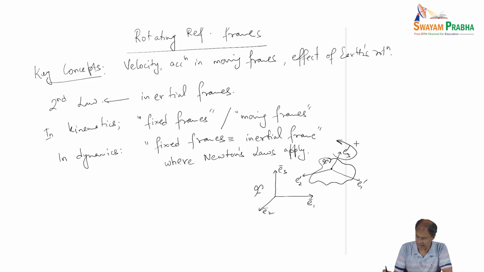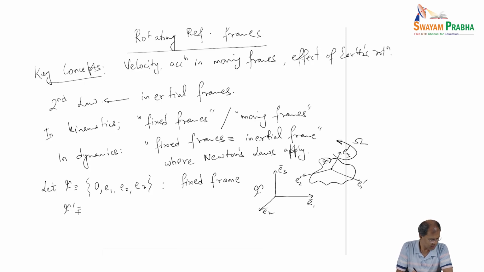Okay, so let us say that this is omega, and now let F be O, E1, E2, E3, the fixed frame, and F prime be O, E1 prime, E2 prime, E3 prime, and this is the moving frame, right?